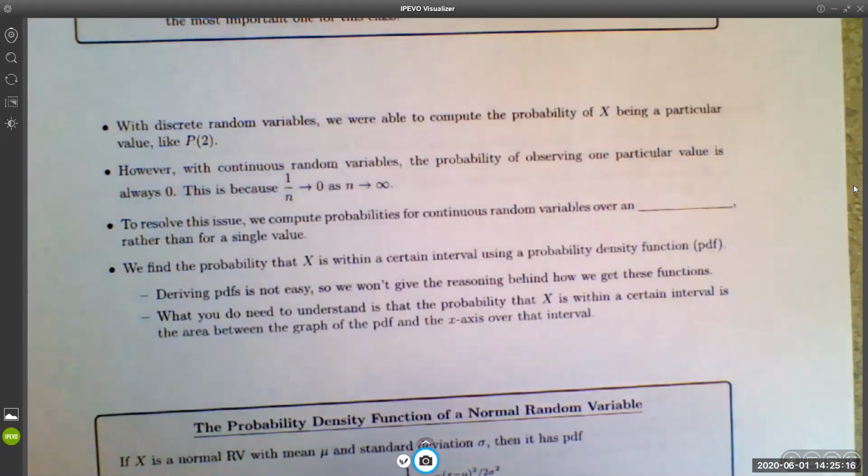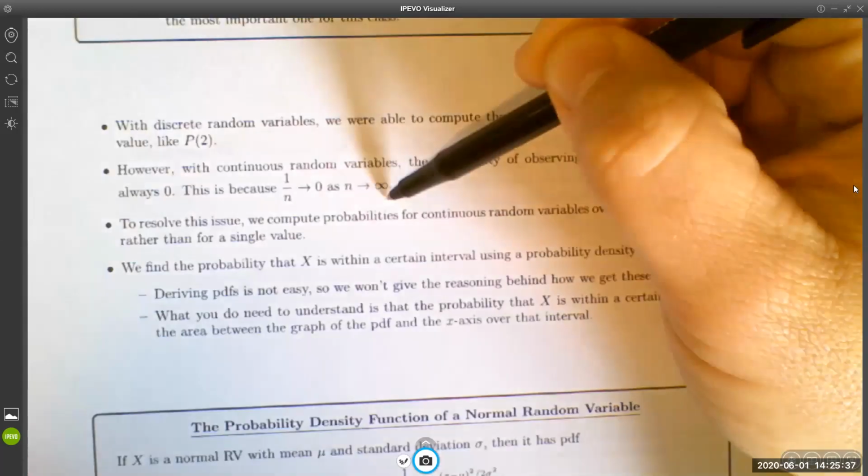And the reason for that is, if you have a continuous variable, there are always infinitely many possibilities. And if you're looking at the probability that looks like 1 over n, where n is allowed to get as large as you like, it's allowed to go to infinity.